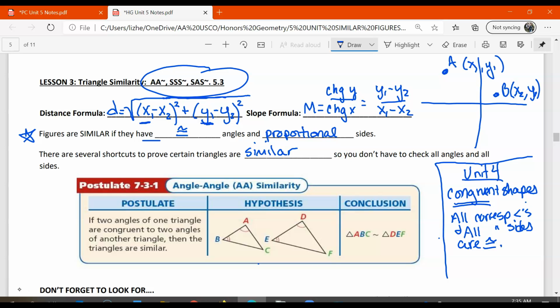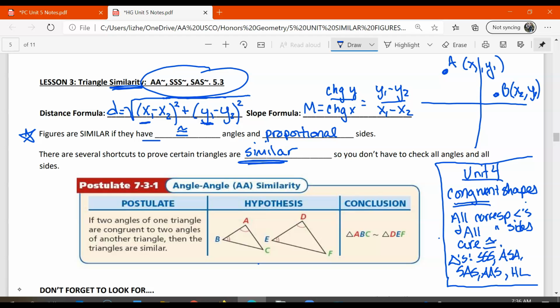So for congruent, remember we had these shortcuts for triangles. We had SSS, ASA, SAS, AAS, and HL. That's all for congruent triangles. Now here today, since we're talking about similar, not congruent, we have three shortcuts. The first one is angle, angle.